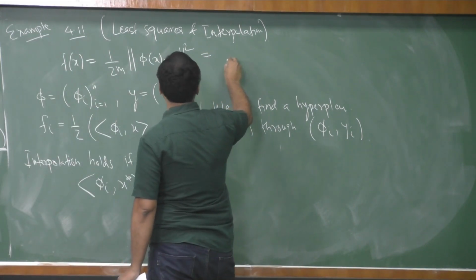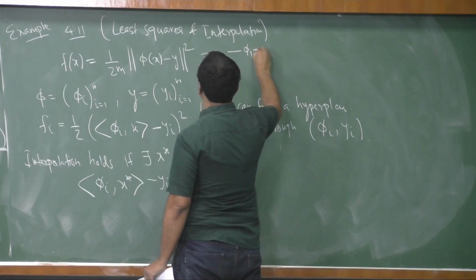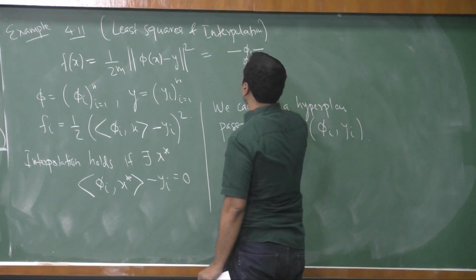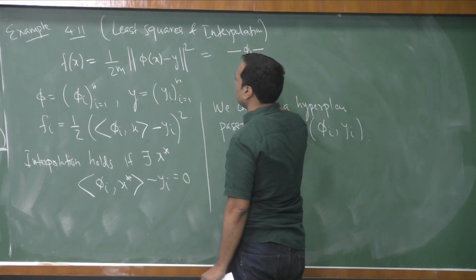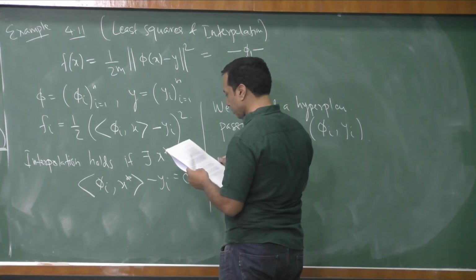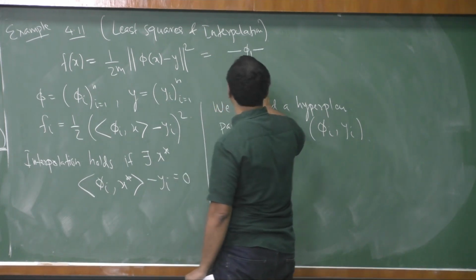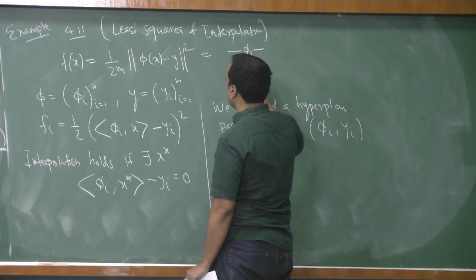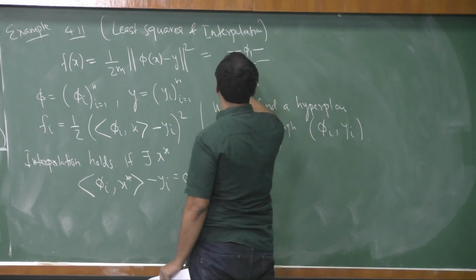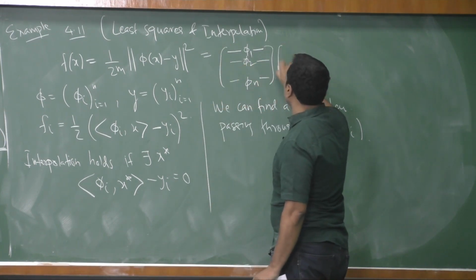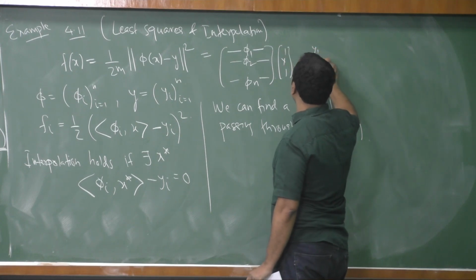If it's linear, then it's like this matrix type, and there are n of those phi. So you are doing this kind of matrix vector multiplication, and then these are the y_1, y_2 you have.